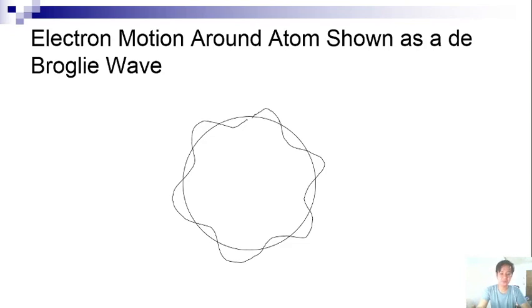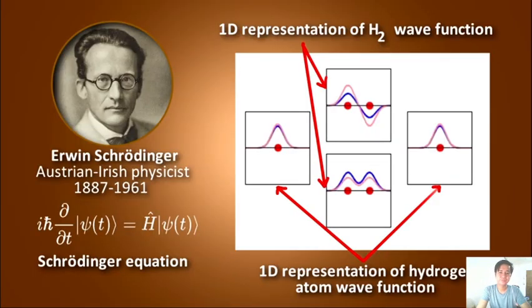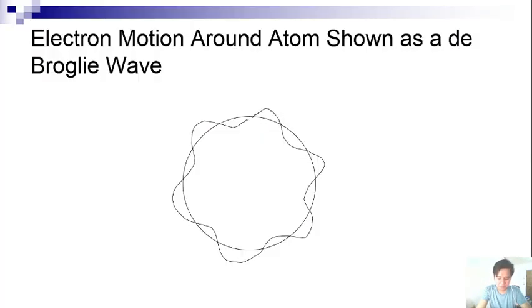So instead of certain dots in the orbit, like in Niels Bohr's model, he describes the motion of the electron as moving like a wave. Now, the question is, what is the nature of these waves and how and why do they exist?